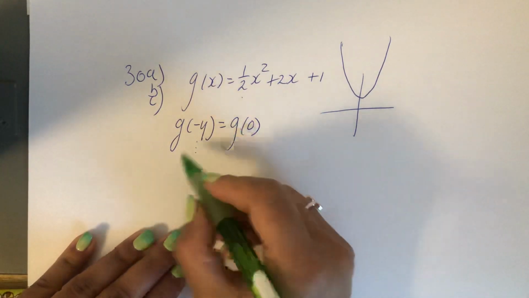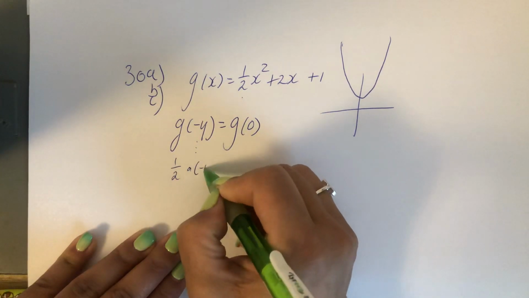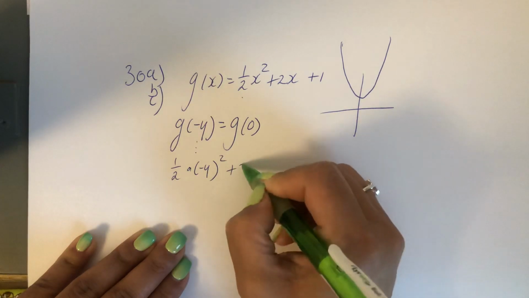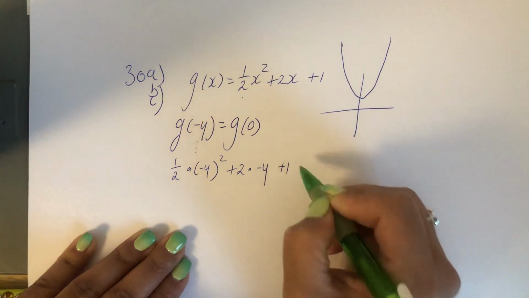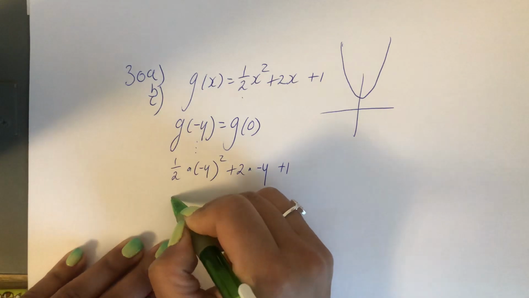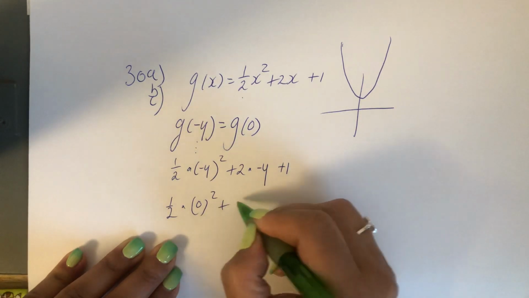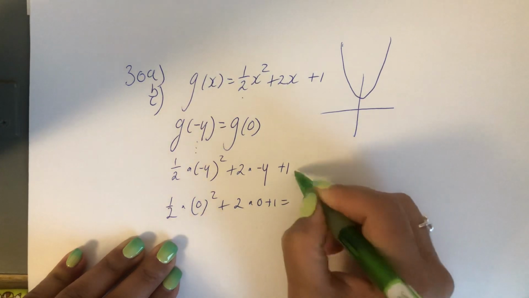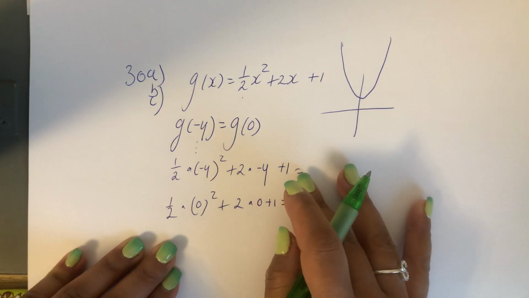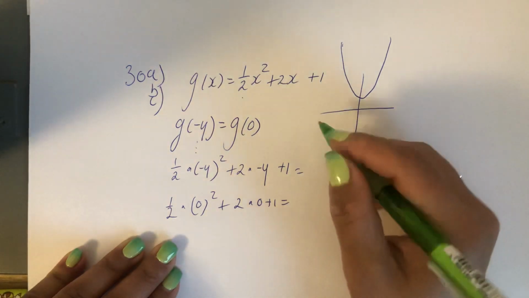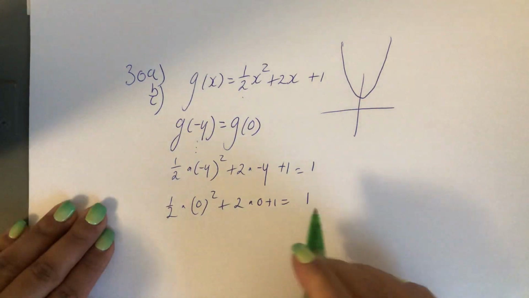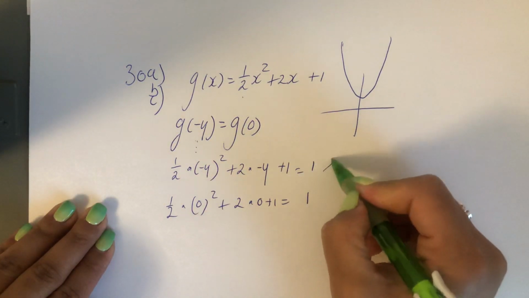You can check it by doing 1/2 times -4 to the power of 2 plus 2 times -4 plus 1, and by doing 1/2 times 0 to the power of 2 plus 2 times 0 plus 1. If you do that correctly on the calculator, you will get 1 for both. So it's true that the outcomes are both 1.